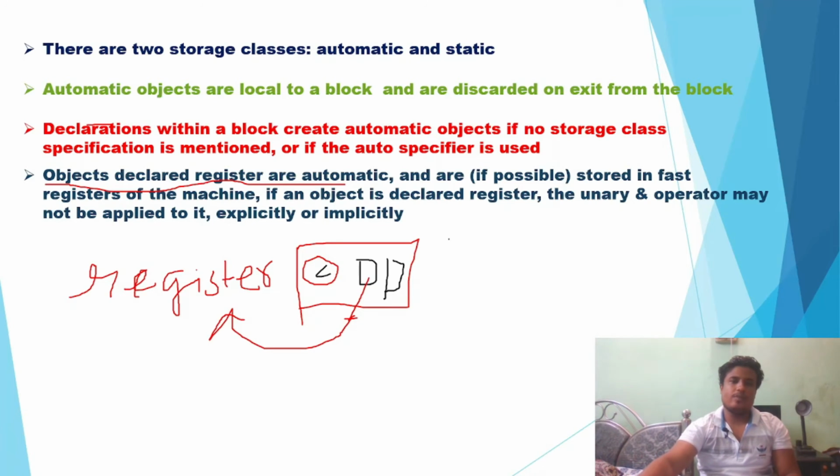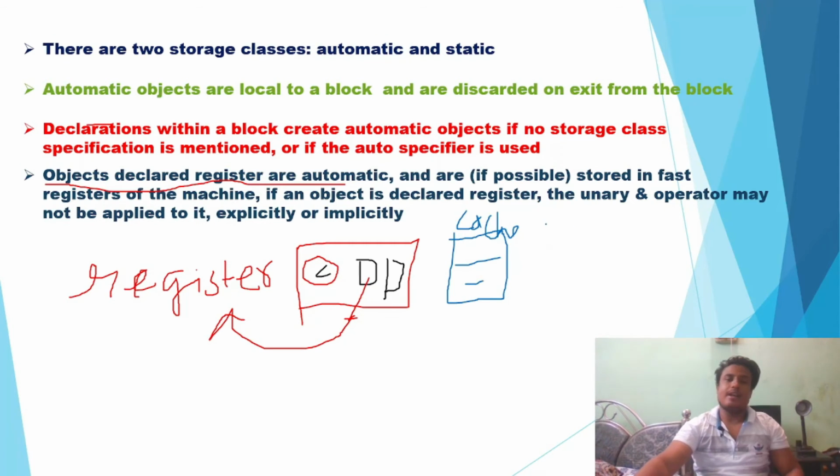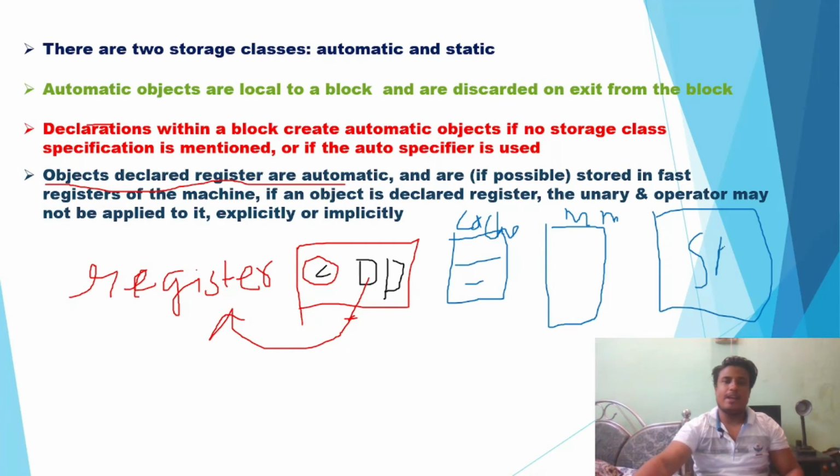After this there can be cache memory, possibly multiple layers of cache, which is beyond the scope of this topic. Then after cache we have main memory or RAM, and after that secondary memory or hard disk. This is our memory hierarchy.